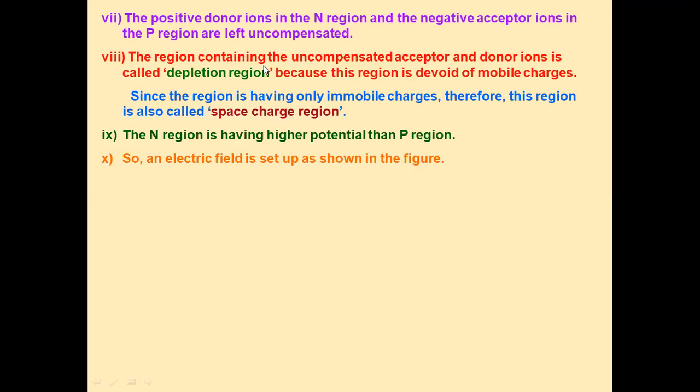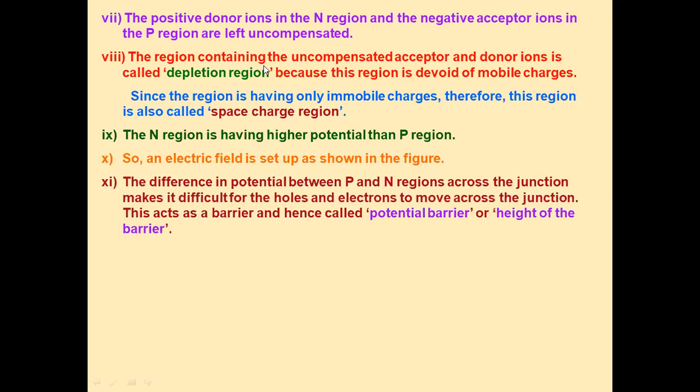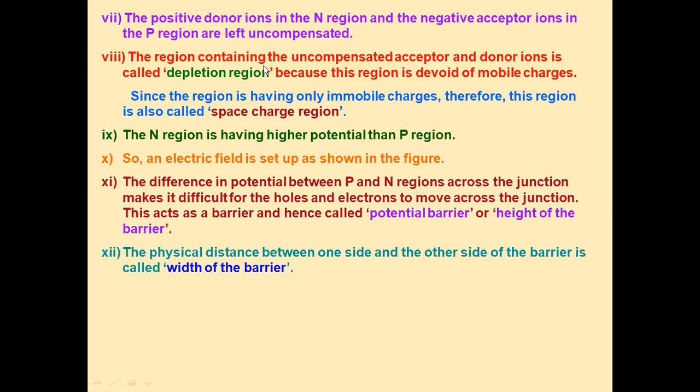N region is at a higher potential than the P region. So the electric field is set up across this depletion layer, and the difference in potential between P and N region across the junction makes it difficult for the holes and electrons to cross the junction.